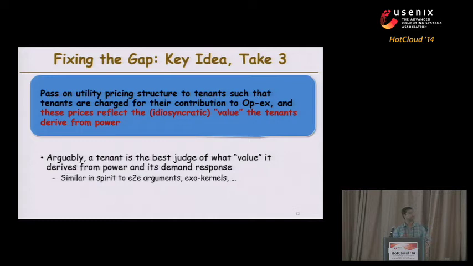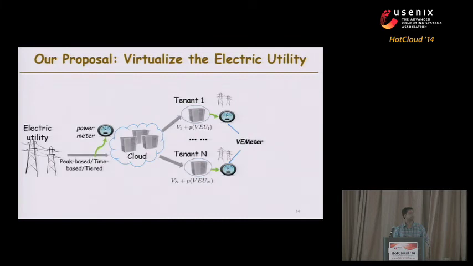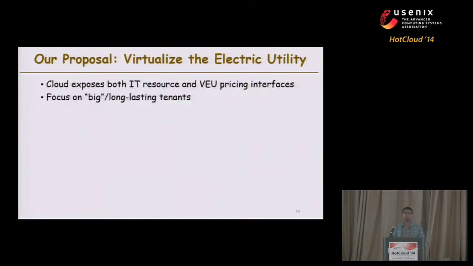This should sound similar in spirit to ideas in networking and operating systems, where people have, for example, talked about building exokernels which do the bare minimum resource management and protection and let applications carry out a lot of resource management decisions on their own, depending on their properties. Okay? So that leads us to come up with this idea of virtualizing the electric utility. Okay?